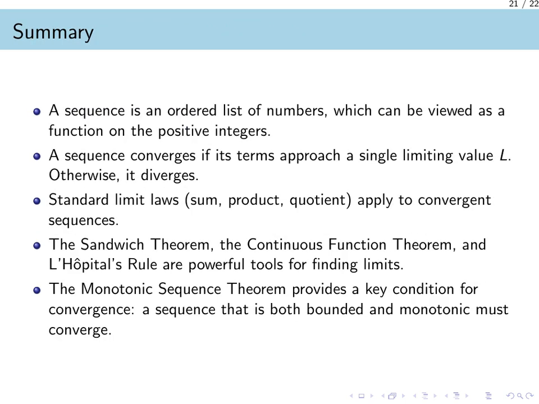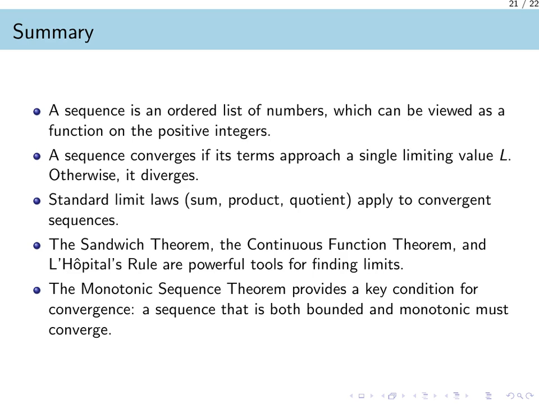Let us summarize the key ideas we have discussed about sequences. We started by defining a sequence as an ordered list of numbers and introduced the fundamental concept of convergence. The sequence converges if its terms approach a single limiting value. Otherwise, it diverges. We saw that the standard limit laws for sums, products, and quotients apply directly to sequences, making many calculations straightforward.